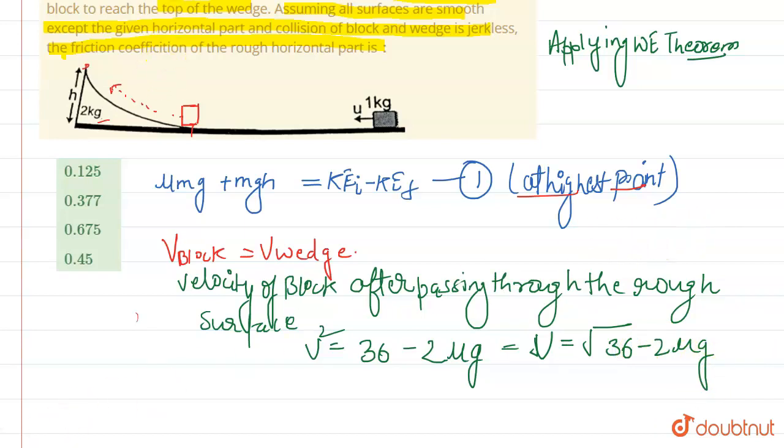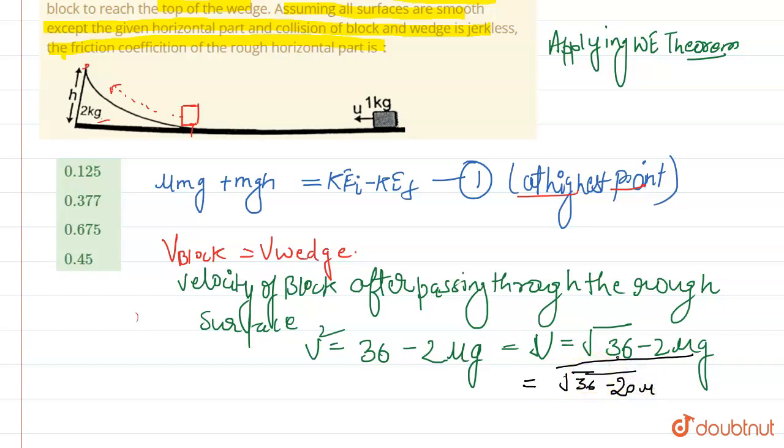Now we have to find the velocity here. Putting the value of g as 20, it will come to 36 minus 20 mu.